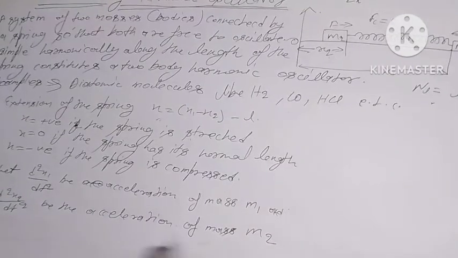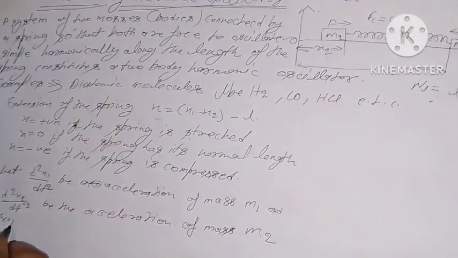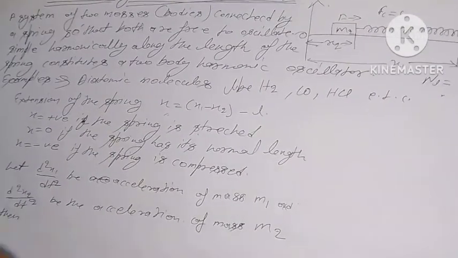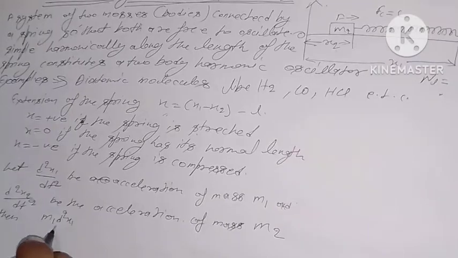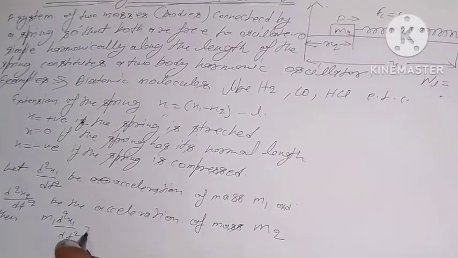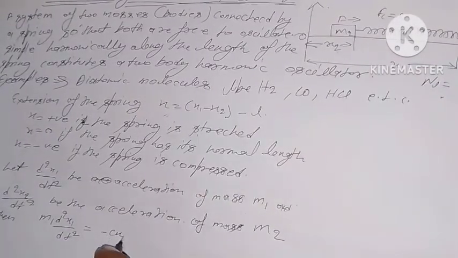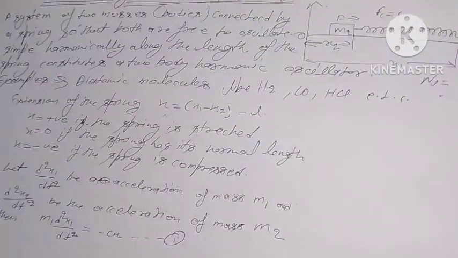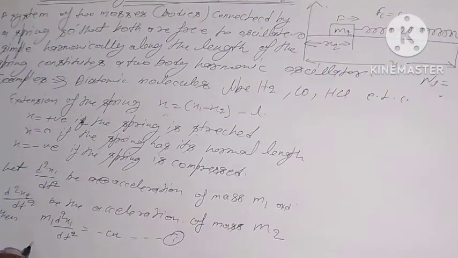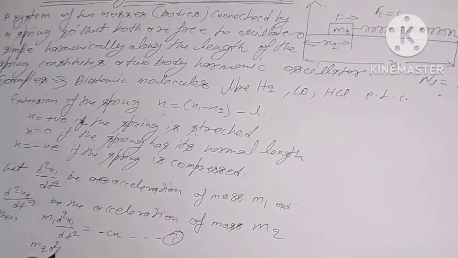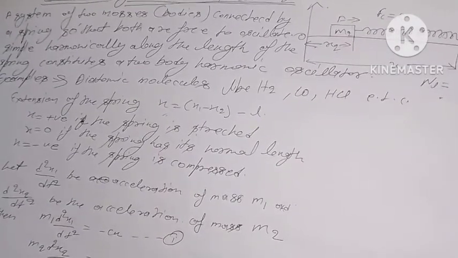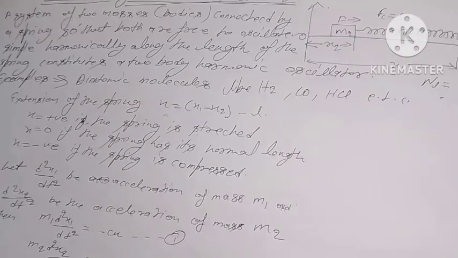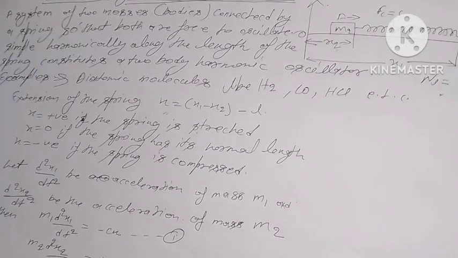Then m1 d²x1/dt² = minus Cx, that is equation number 1. And m2 d²x2/dt² = plus Cx, that is equation number 2.